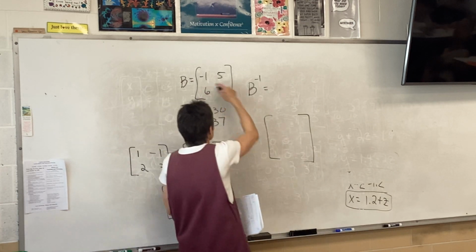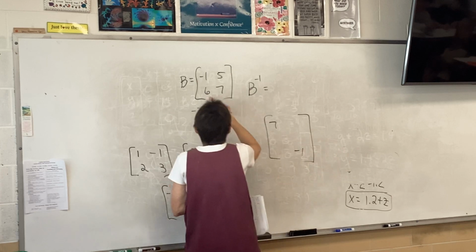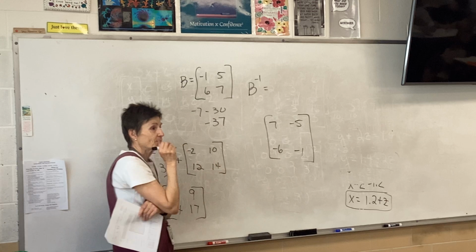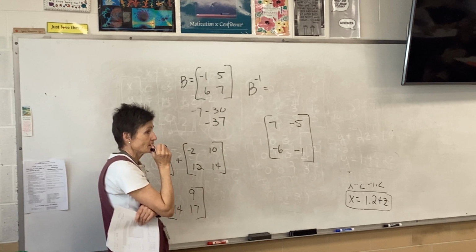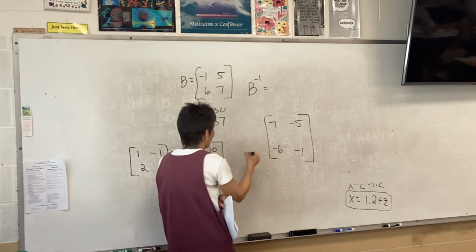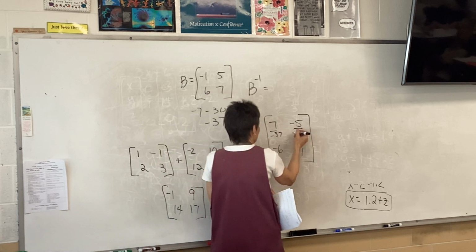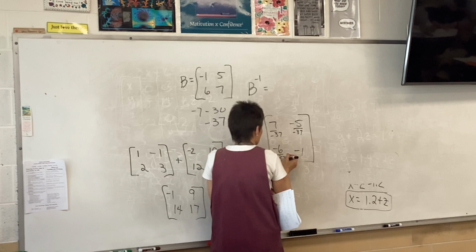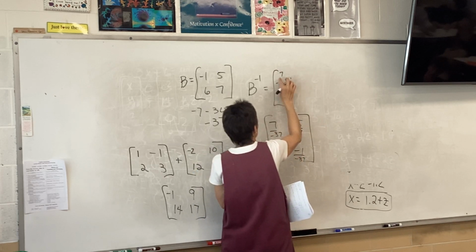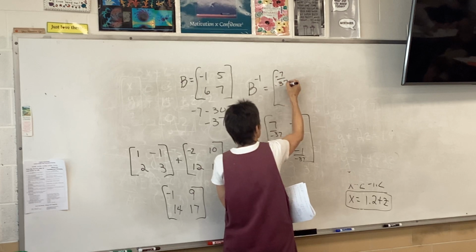So we take these two and flip them. Take these two and make them negative. And then take each of those and divide by negative 37. Simplify anything that simplifies, and that's the answer to the problem.